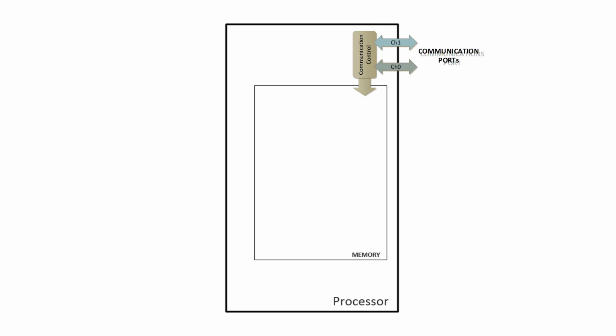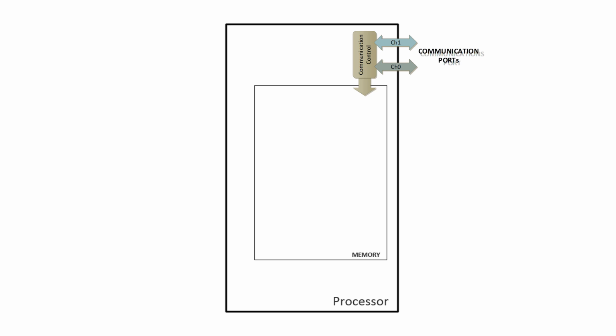First of all, you have to have a point of access to the memory so you can download your program. If you have no communication ports into the processor, you can't do anything with that processor. Now I showed 2 communication ports. And let's just say that the communication control, that's a chip or a set of chips that facilitates a connection between external devices and random access memory.